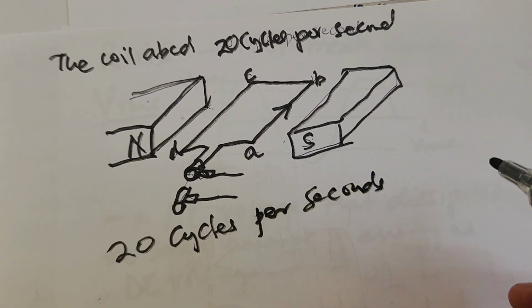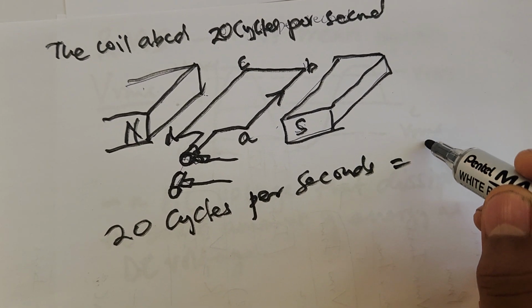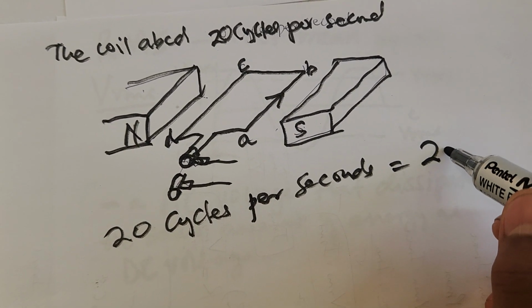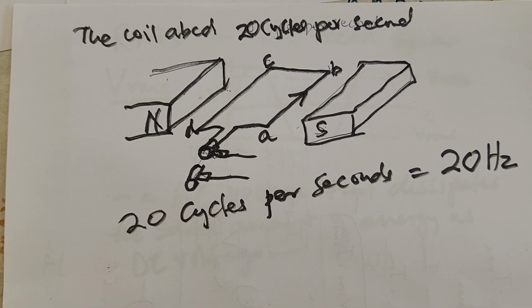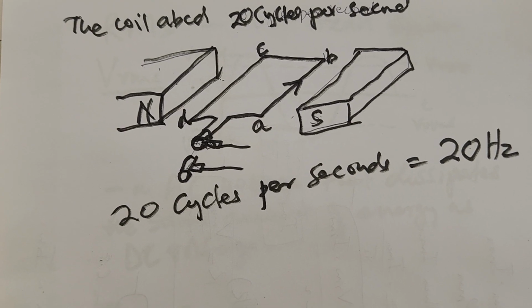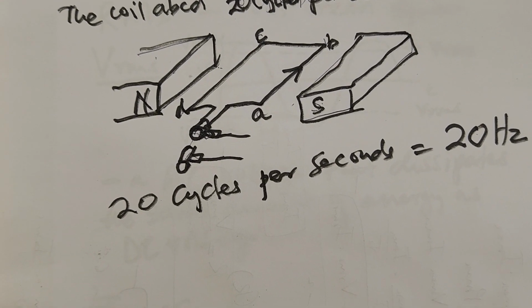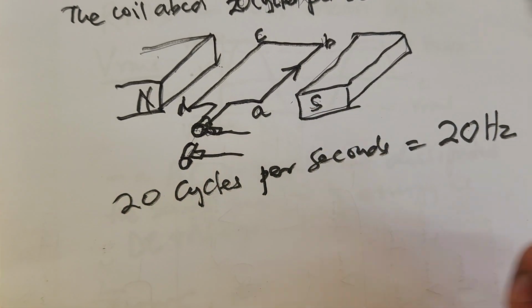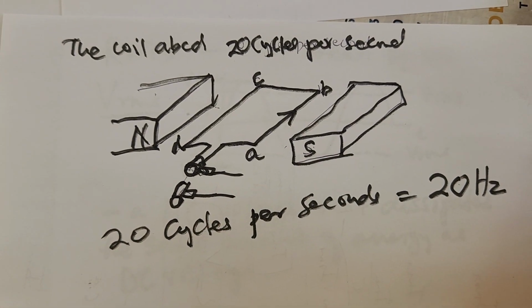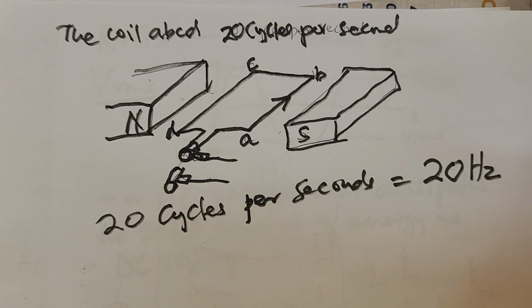What does this mean? This is frequency, so the frequency of the machine is 20 hertz. Then they say the direction of the current in the coil is from A to B as indicated here. Now answer the following questions.